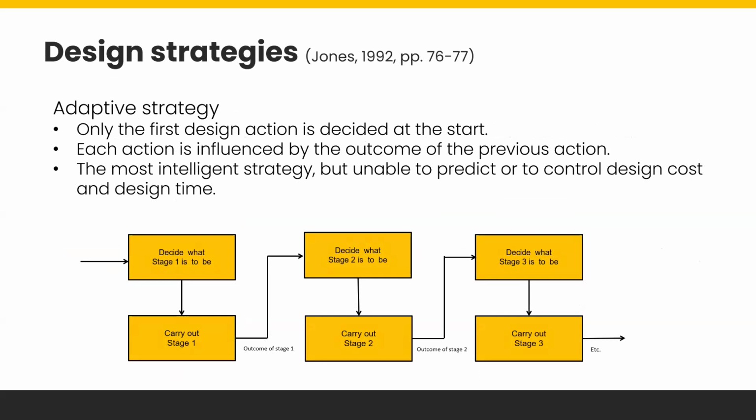The most intelligent strategy, but unable to predict the control of design costs and design time. So whatever you decide for stage 1, whatever you get there, then you feed into the next one. And this is unpredictable. If what happens here is not like your initial plan, where will you carry it? Do you understand what I mean? So the time and budget can be very broad, very large. Next.